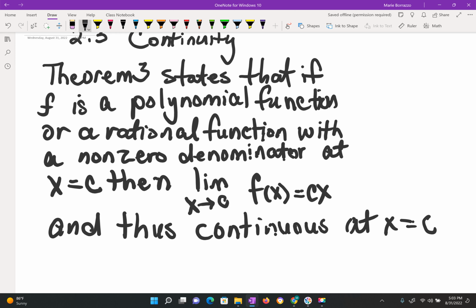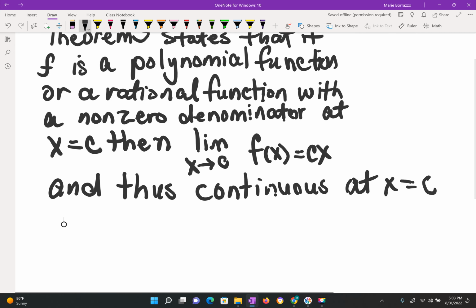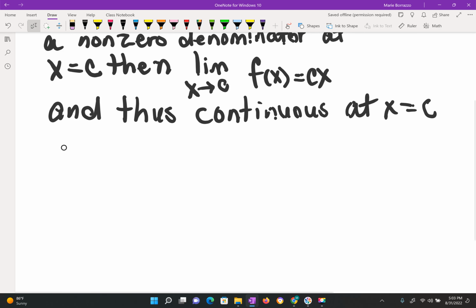I have an example for you of just that. So I'll give you a minute to catch up with the writing. The example I have for you is a function that's very simple.